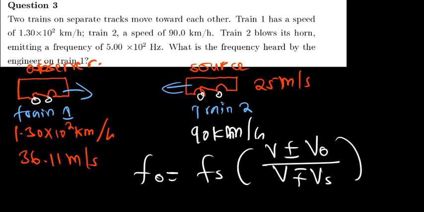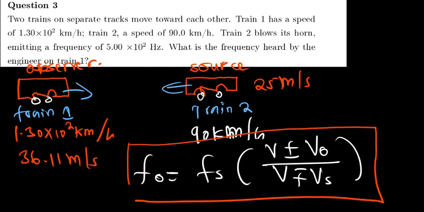If you want to know more about this formula, I derived it when we were talking about Doppler effect. You can check out our video under Doppler effect if you are interested to know where this formula is coming from. This is the general formula which you have to know.